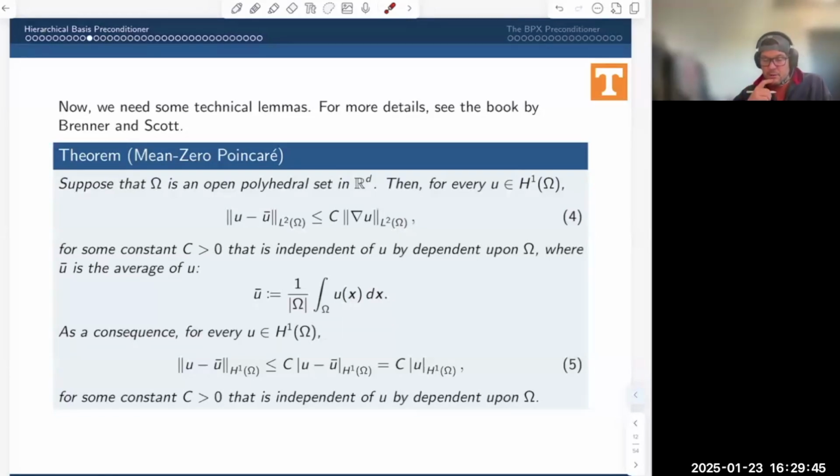So what are these? The first one that we're going to need is what's called the mean zero Poincare inequality. And it goes like this. If I have u in H1, notice I'm not putting any boundary conditions on this guy. Normally I would say the boundary conditions would be u is equal to 0 on the boundary, and so I would look at the subspace H1_0.